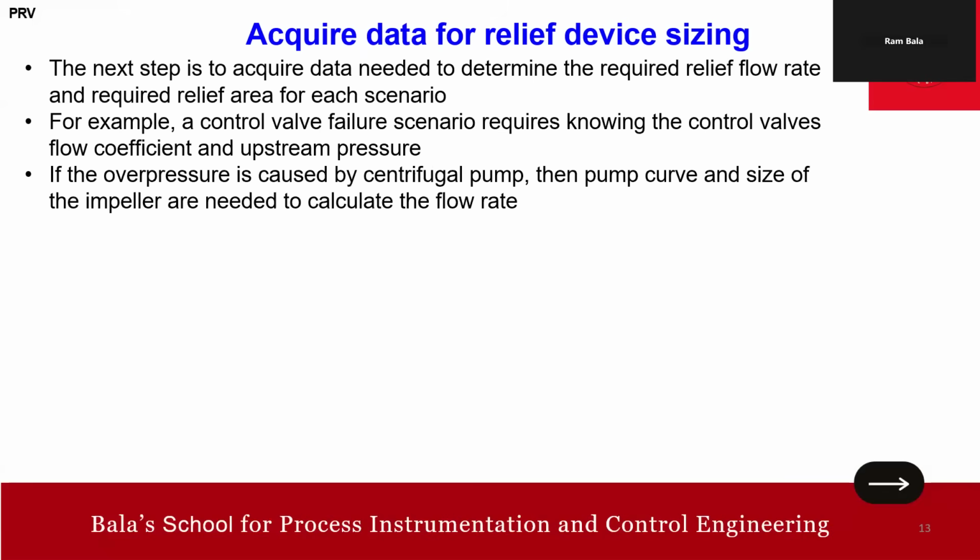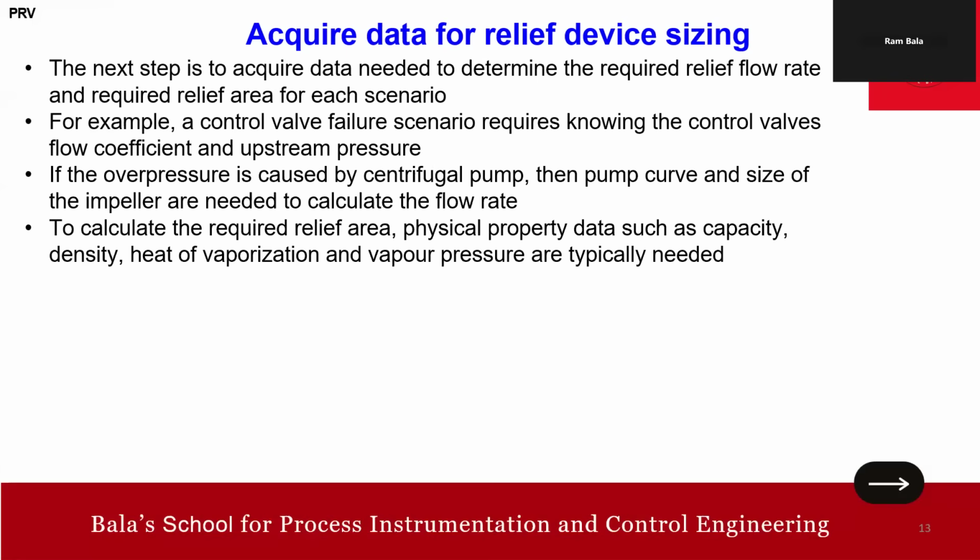If the overpressure is caused by a centrifugal pump, then the pump curve and size of the impeller are needed to calculate the flow rate. Then, to calculate the required relief area, physical properties such as density, heat of vaporization, and vapor pressure are needed. So these are the data needed for relief valve sizing.